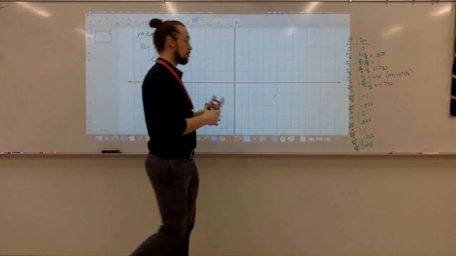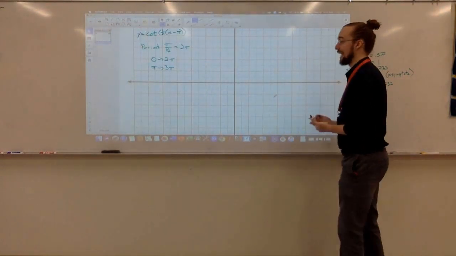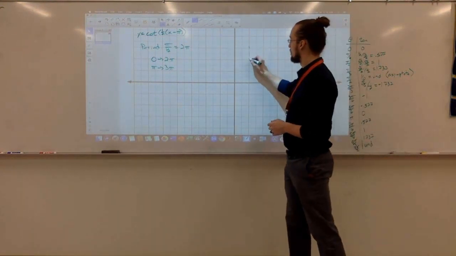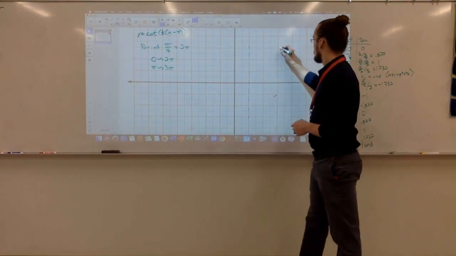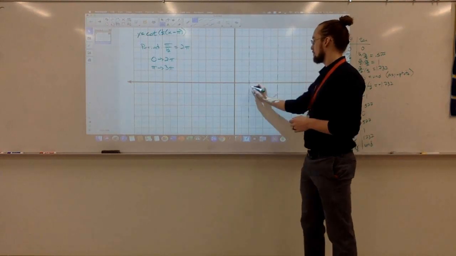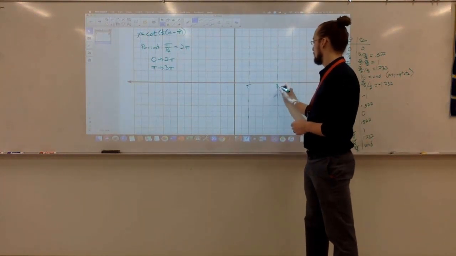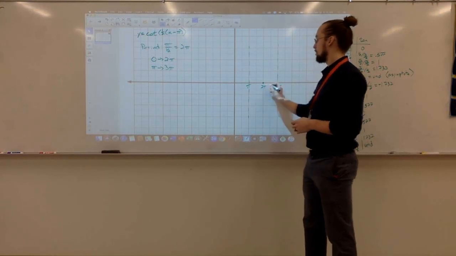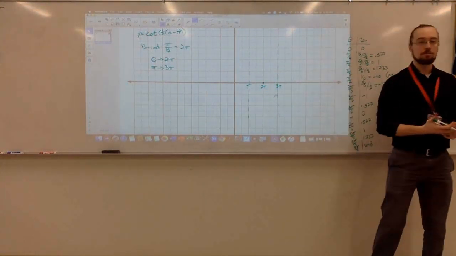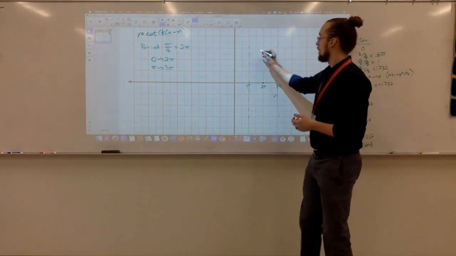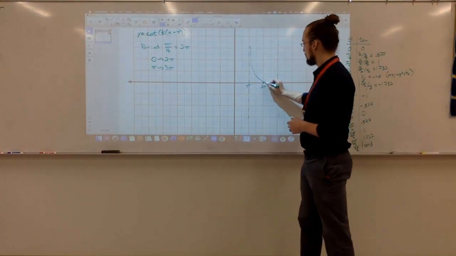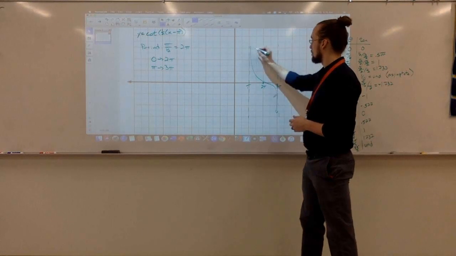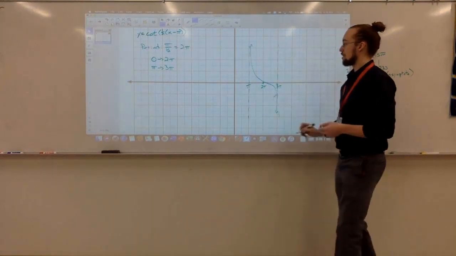So my asymptotes would be at pi and 3 pi here. My x-intercept then is going to be halfway in between that, which would be at 2 pi. And then the general shape of my cotangent curve looks like that.